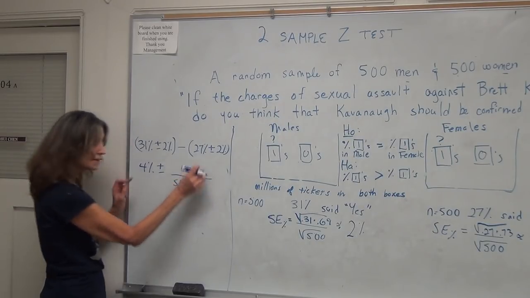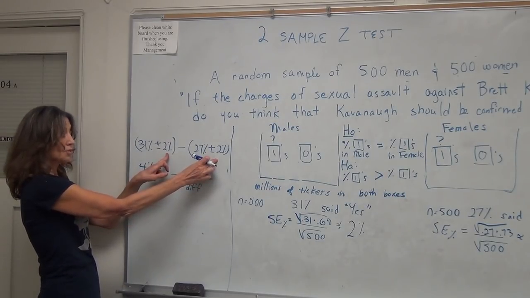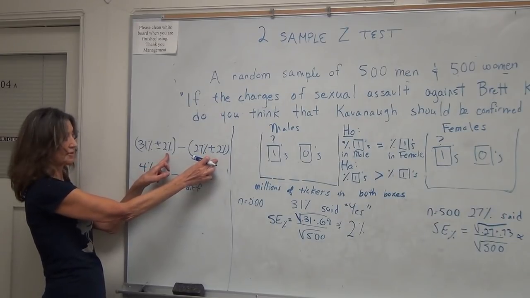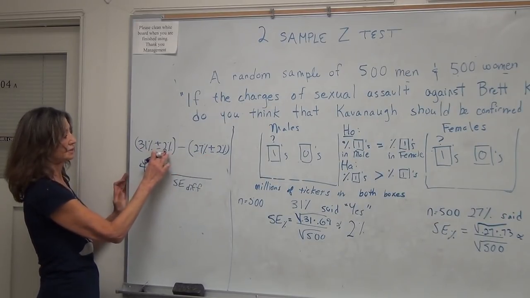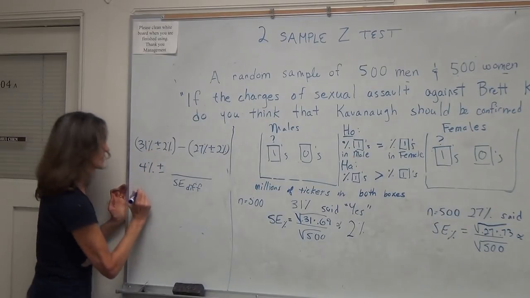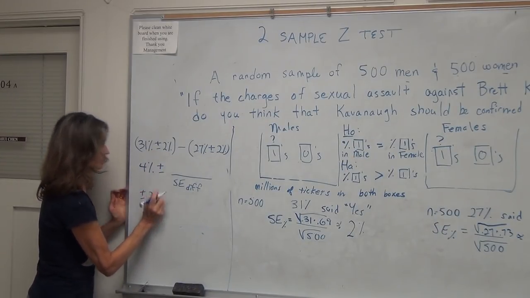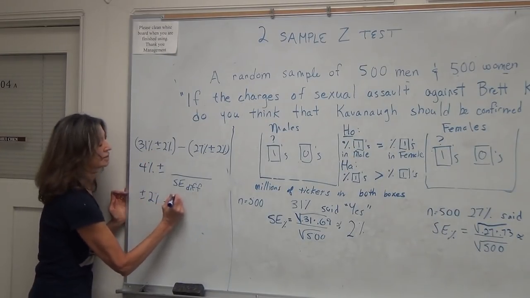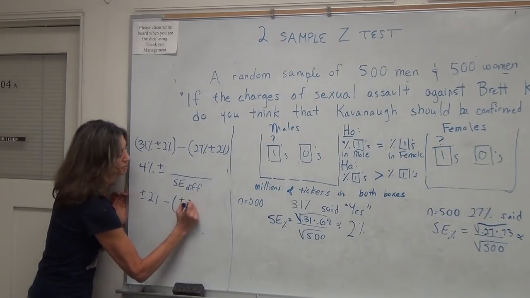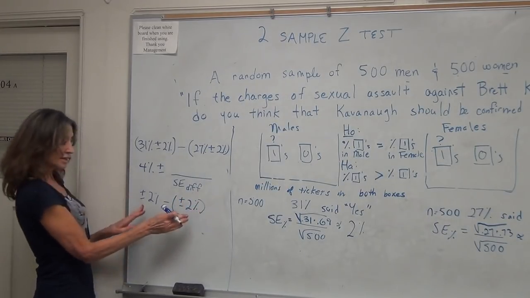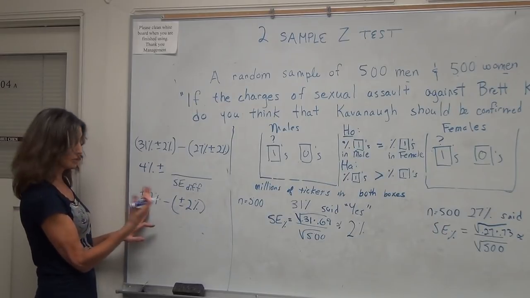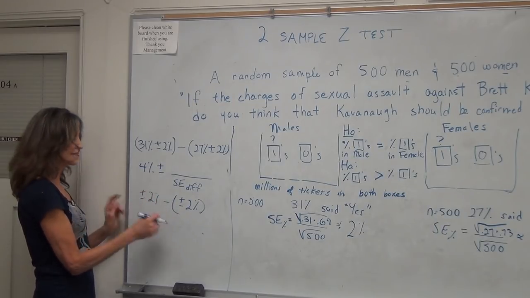How are we going to combine those two? Well, let's think about it. You have plus or minus 2% here, minus another plus or minus 2%. Now, the largest it could be is if they're opposite signs.